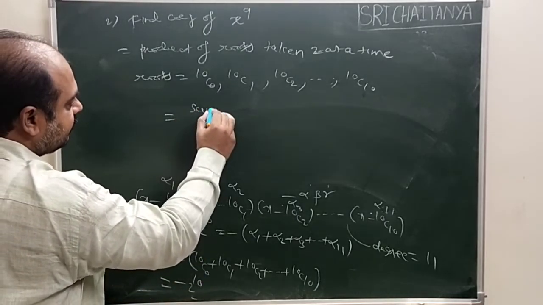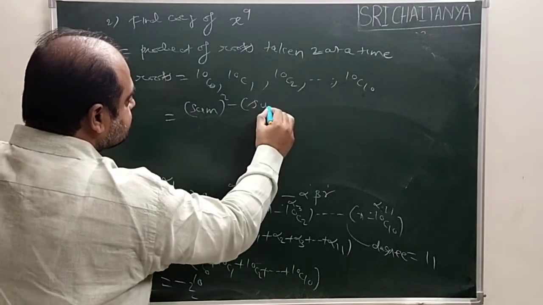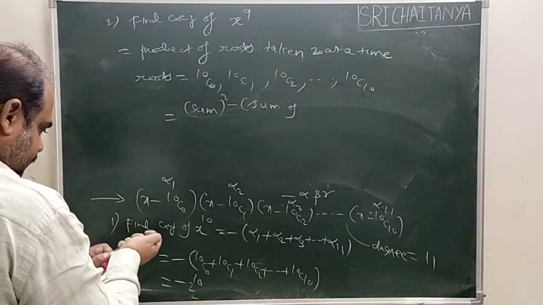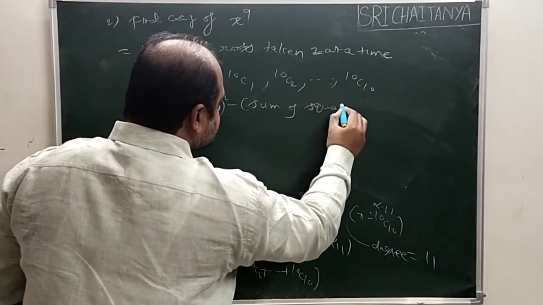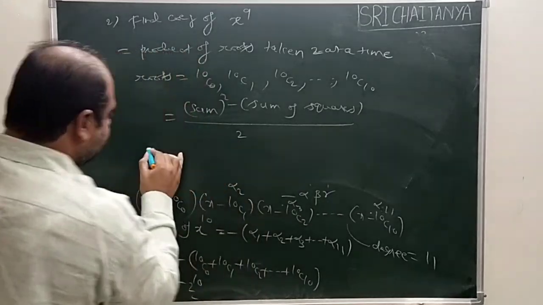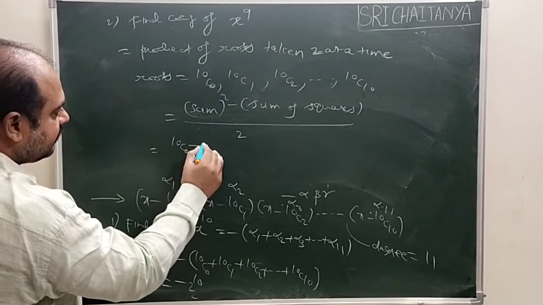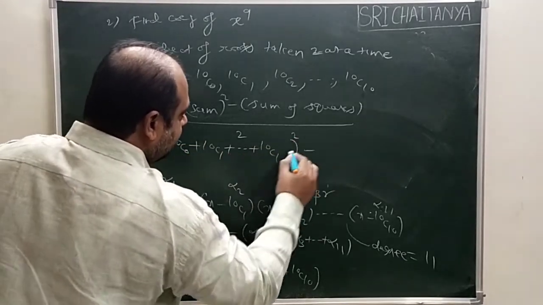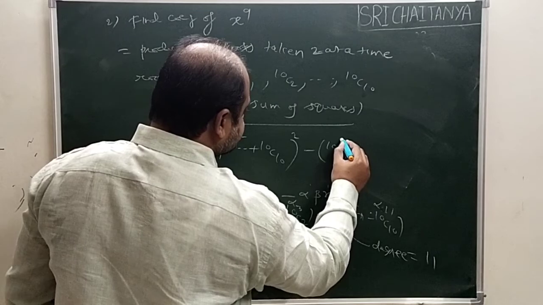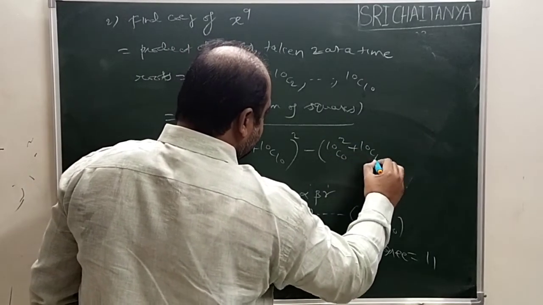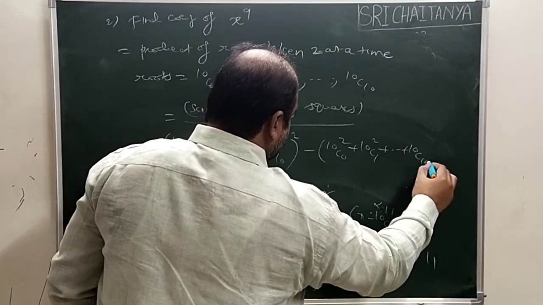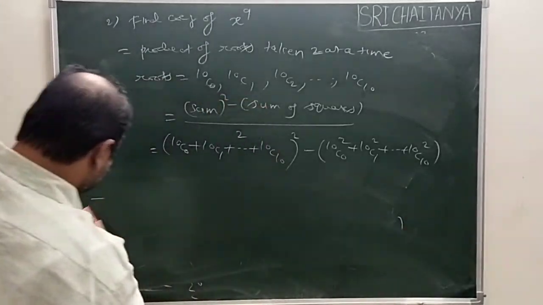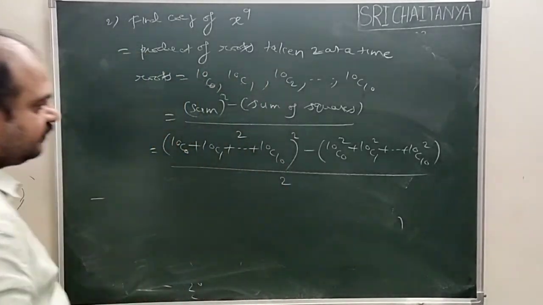Look at sum square minus sum of squares, divided by 2. For a1, a2 and so on up to a11, the sum square means 10c0 plus 10c1 plus and so on up to 10c10, whole square, minus the sum of squares, 10c0 square plus 10c1 square and so on up to 10c10 square, the whole divided by 2.